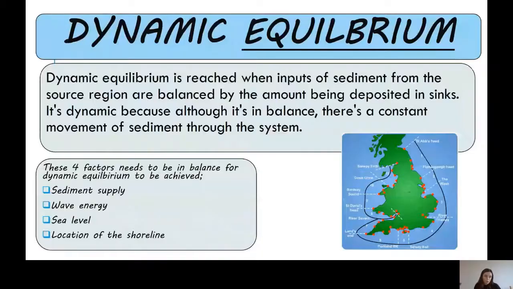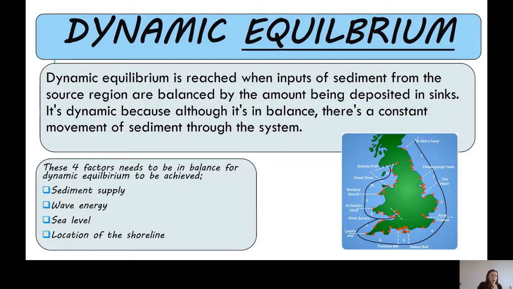Before I go on to talk about beaches, I just wanted to go over this again, because equilibrium is a specialized geographical concept. And if in exam answers you talk about equilibrium and you understand the concept, same as a system is a concept, it's very skilled and it shows application of knowledge.